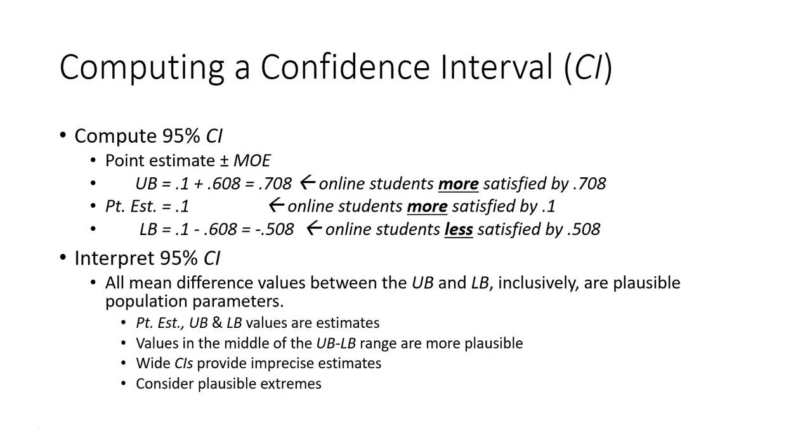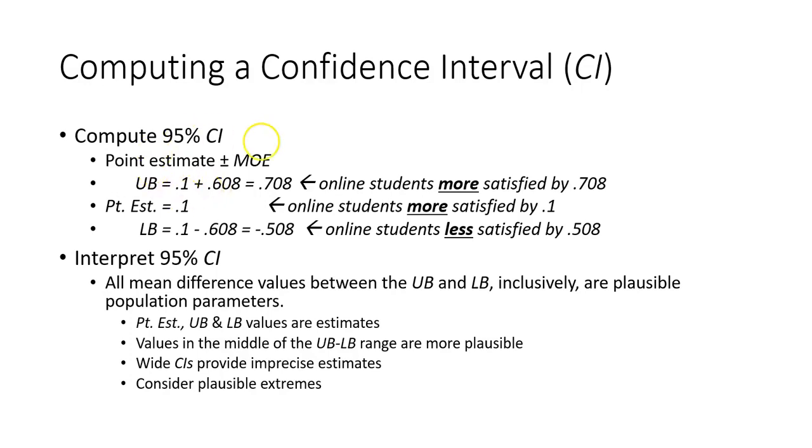Both of those values and every value between them are considered plausible values for the mean difference between the two populations. The upper bound suggests that the online students are more satisfied by about 0.7. The lower bound suggests that the online students are less satisfied by about 0.5.